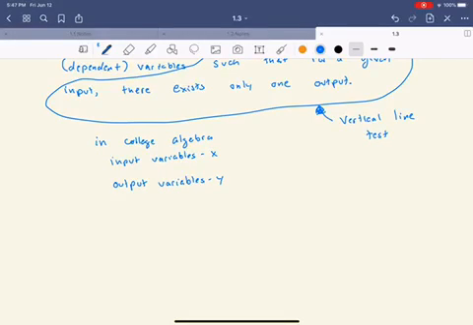Okay, so let's take a couple examples first. Let's say that I gave you a circle, x squared plus y squared equals 1. That's a standard circle, and I could graph that.